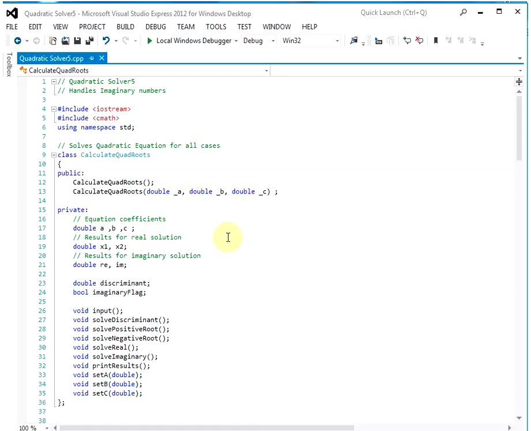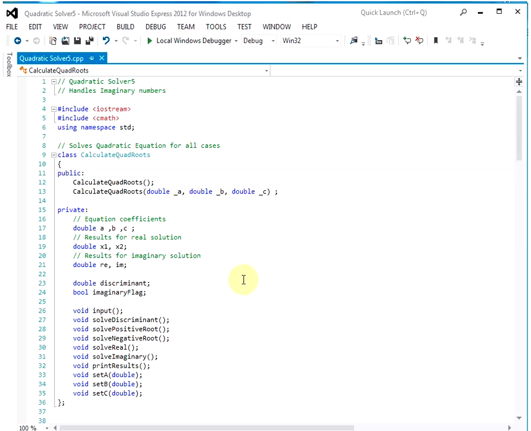They're the coefficients for the equations. x1 and x2 are the results for the real solution. If they happen to be the same, x1 will equal x2, and that's it. If I have an imaginary solution, I get a real part and an imaginary part, and that's how I build it up. So that's what these three different sets of numbers represent, and that's what they're for.